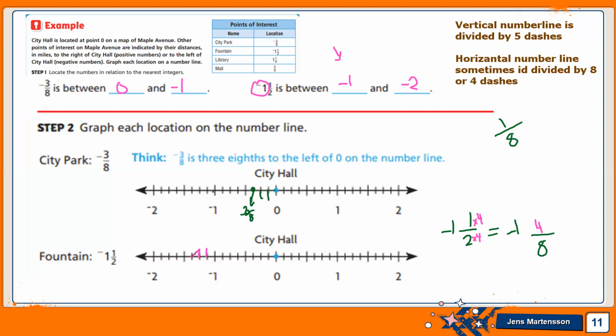Then -1 and 3/8. Then -1 and 4/8. Bravo. So you write it as -1 and 4/8, or like the question asks you, you will write it as -1 and a half.